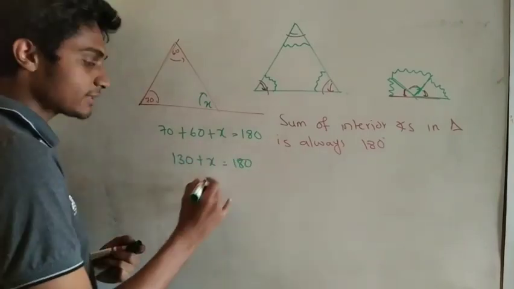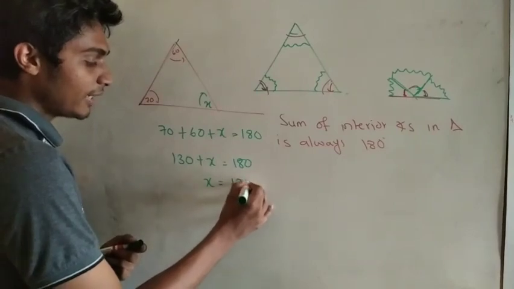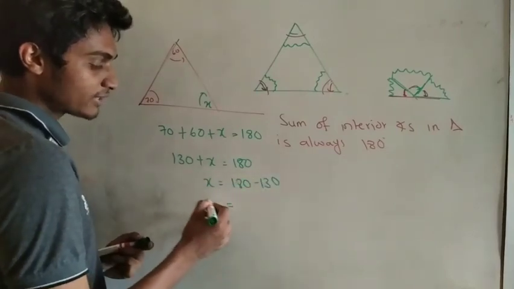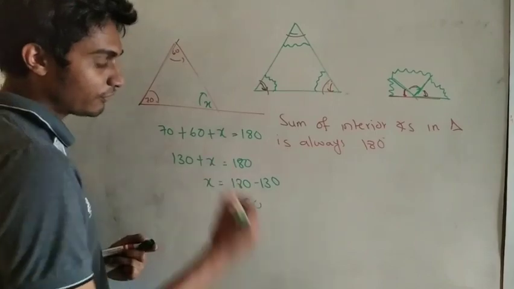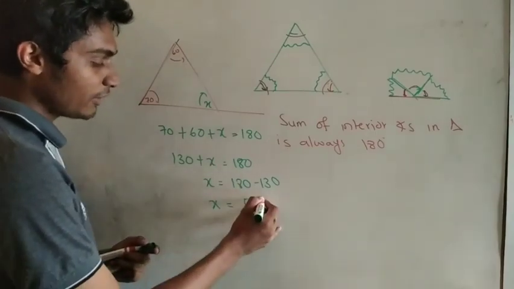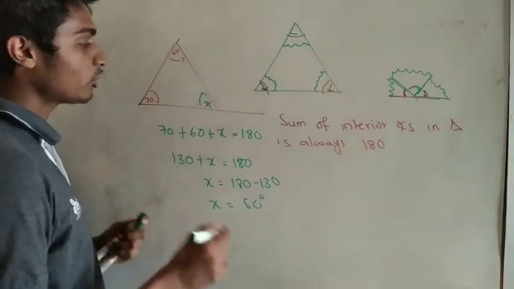Take this 130 to the other side, so x is going to be 180 minus 130, which is 50. X is going to be 50 degrees.